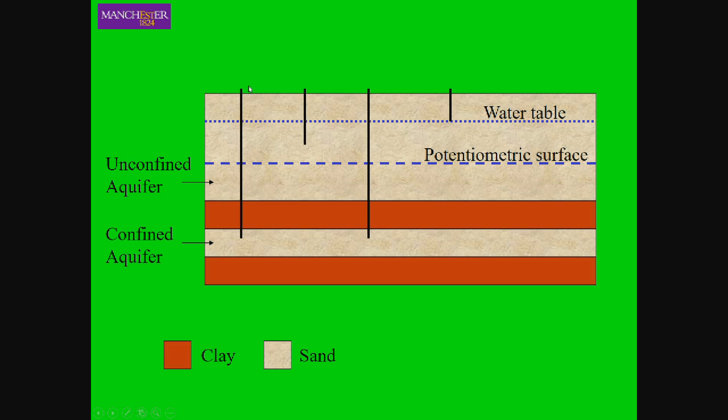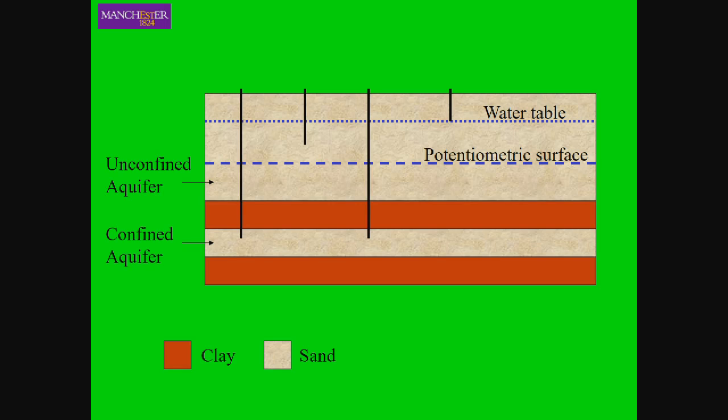If we drill a hole into a confined aquifer and screen it, then depending on the fluid pressure, or the potential for this water to move, the water will move up this borehole and find its own level. The surface that we can define by drilling a huge number of boreholes to do that is called the potentiometric surface.